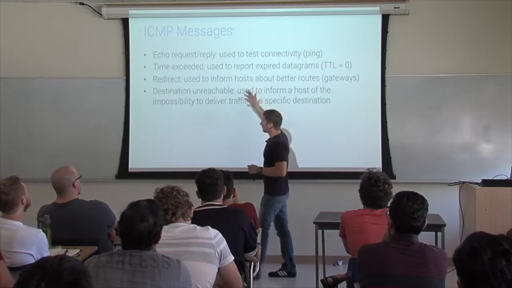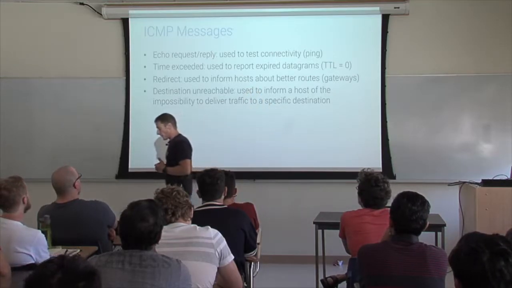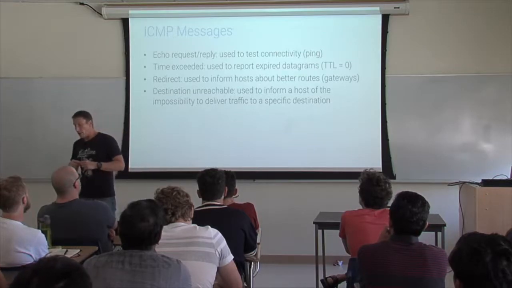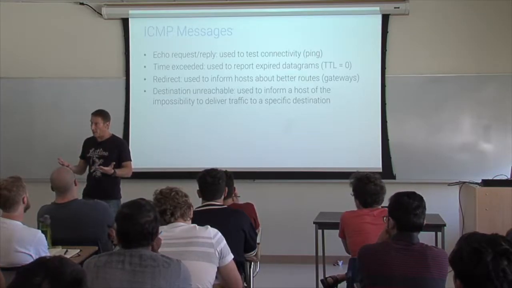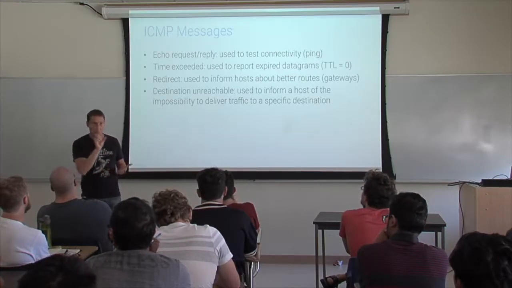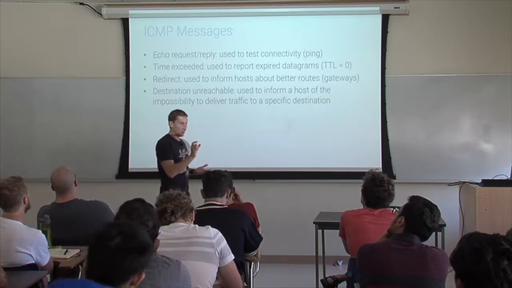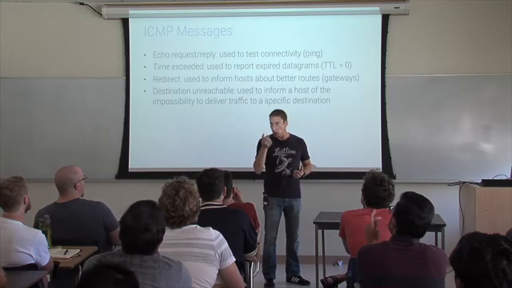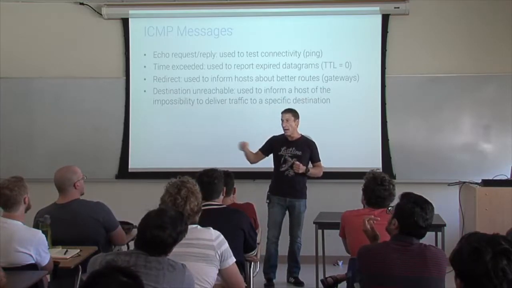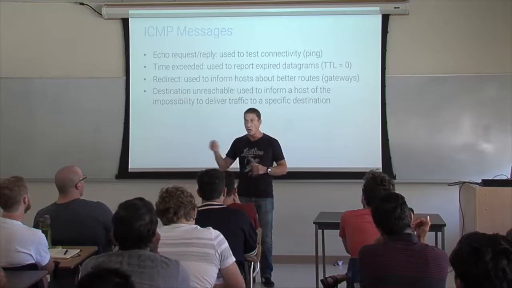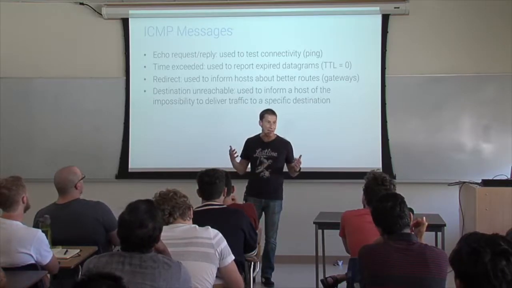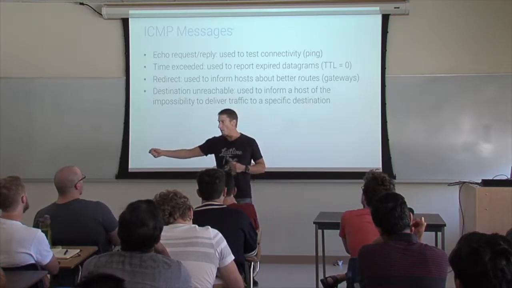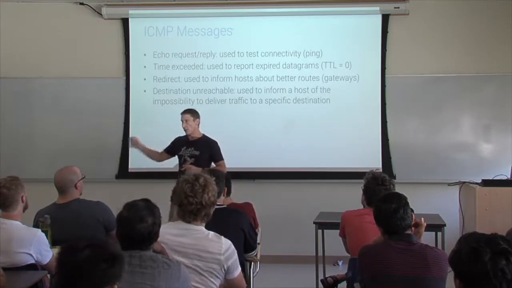Time exceeded is also very useful. Whenever you have a multi-hop delivery, you have an interesting element in your packet, which is the time to live. The time to live is a number that is decremented every time the IP packet is given to the next hop. So it starts, say, with 10. When I give it to the next hop, it becomes 9, and then 8, and so forth.